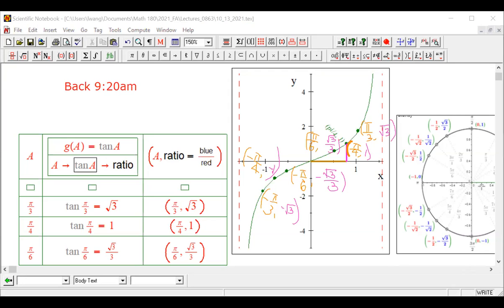If we only measure from negative pi over 2 up to pi over 2, you can measure all these angles, but nothing beyond pi over 2. So that makes quadrant 2 and quadrant 3 the no-fly zone.